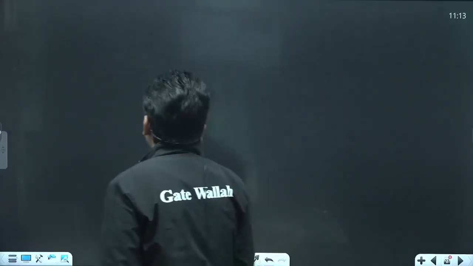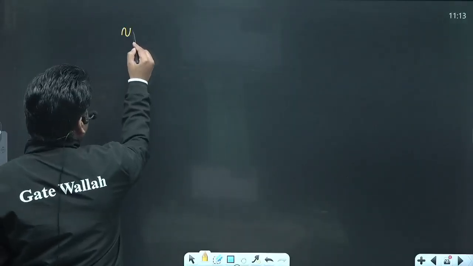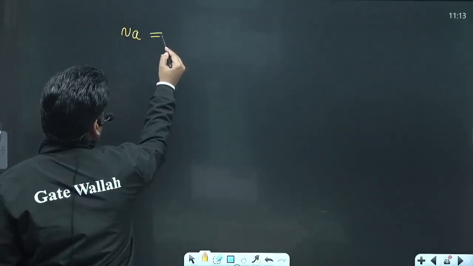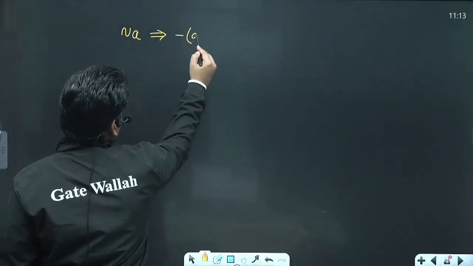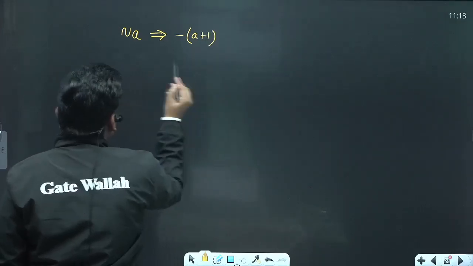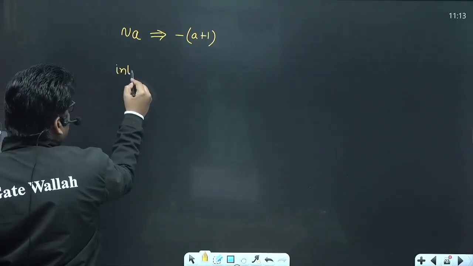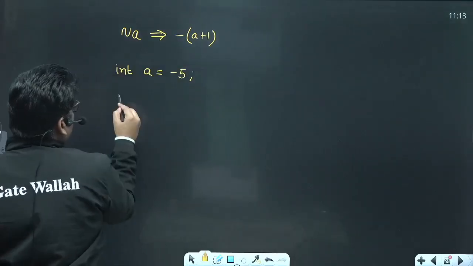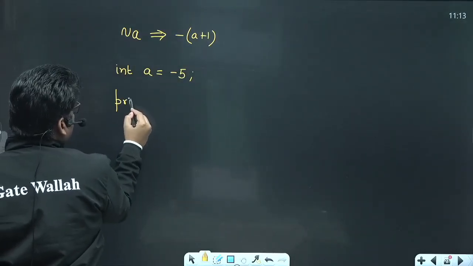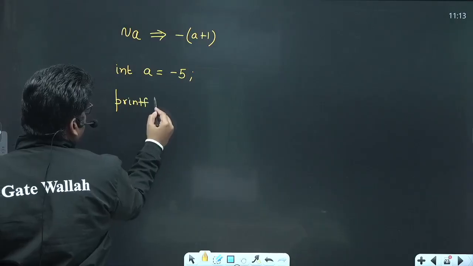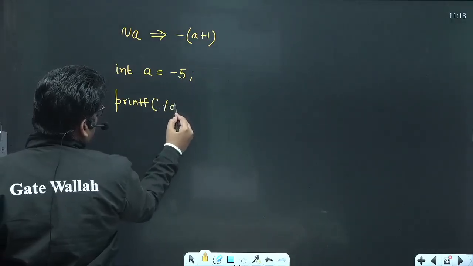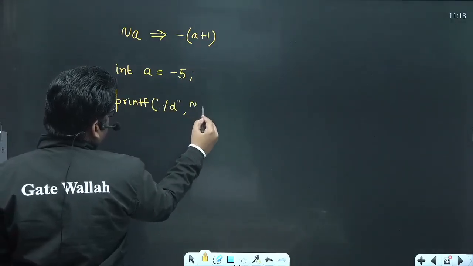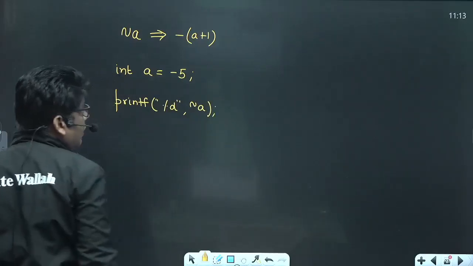Okay. So for the complementation operator, what we know is that the result is minus of A plus 1. So if someone says int A is equal to minus 5, and I try to print the complementation value of A, what would be the result?